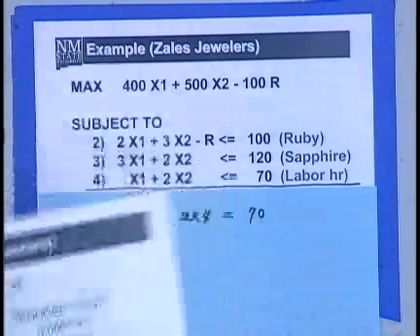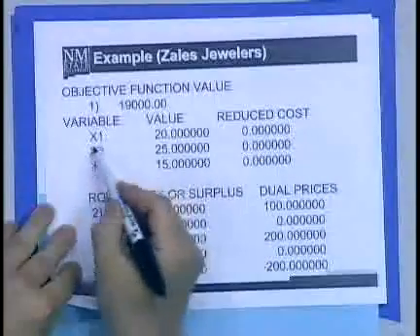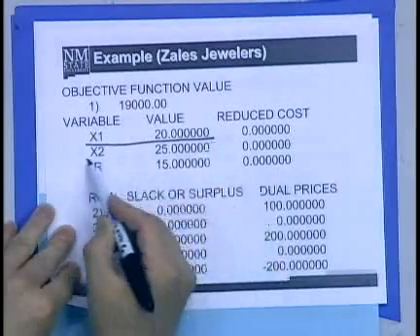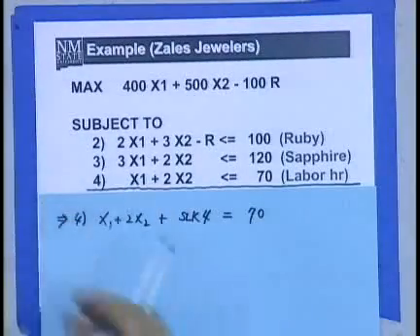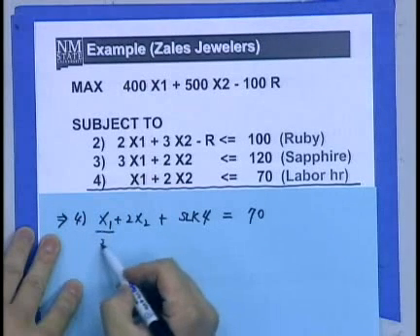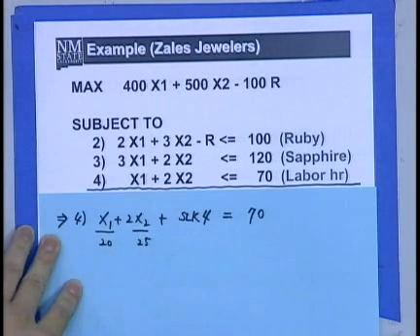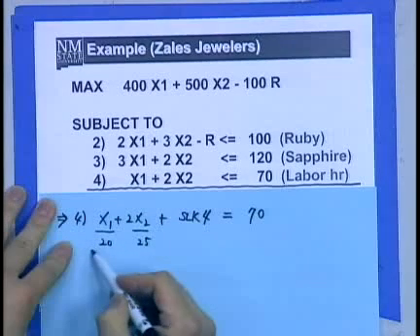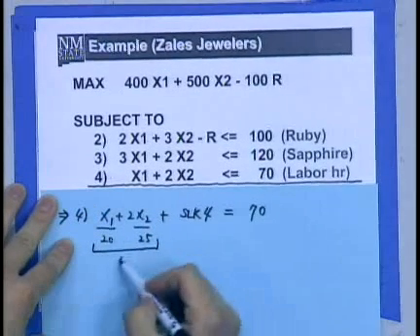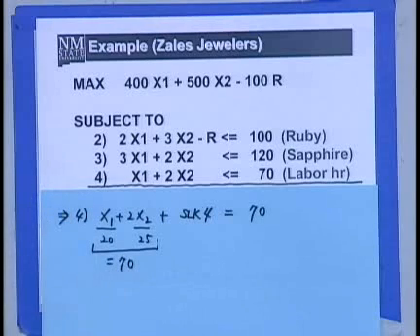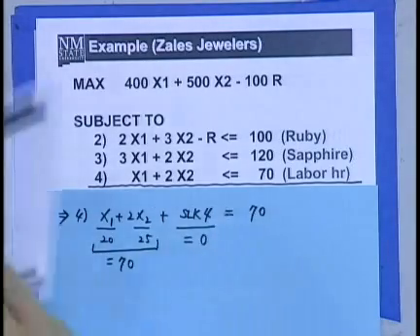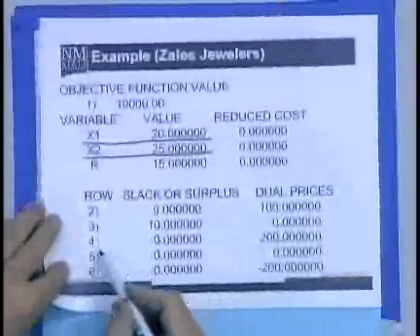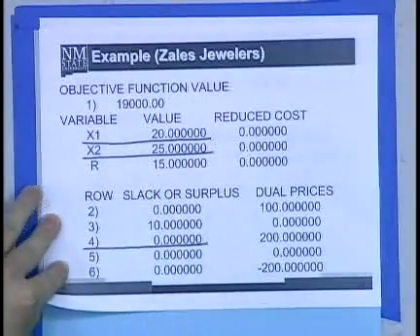And currently, x1 is 20 and x2 is 25, right? Using these values, this part is already 70, right? So slack 4 should be 0. Now, in our solution, slack 4 is 0, right?